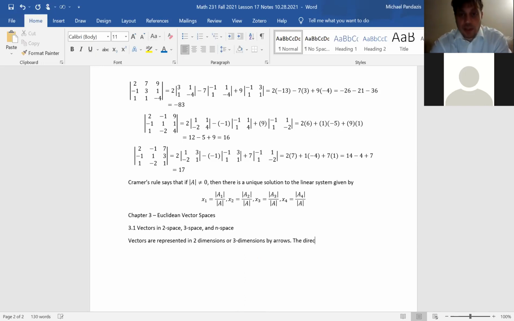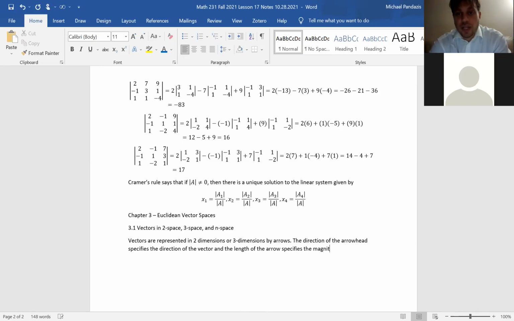The direction of the arrowhead specifies the direction of the vector, and the length of the arrow specifies the magnitude.